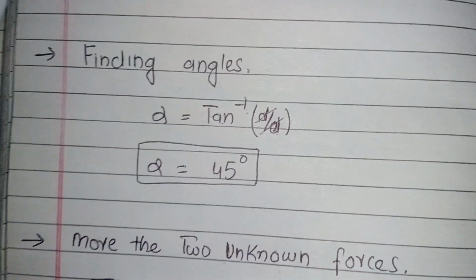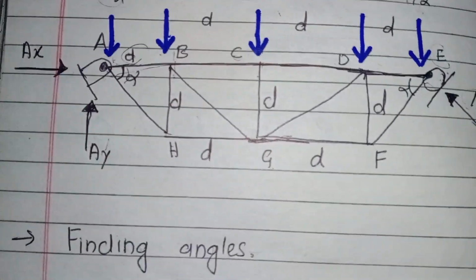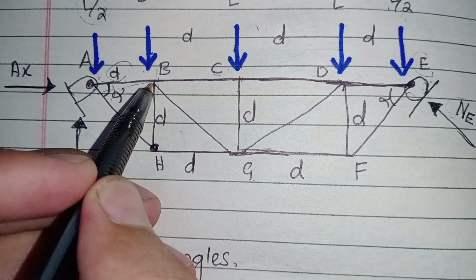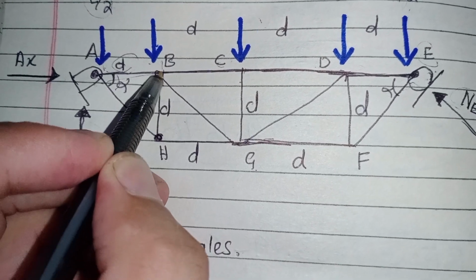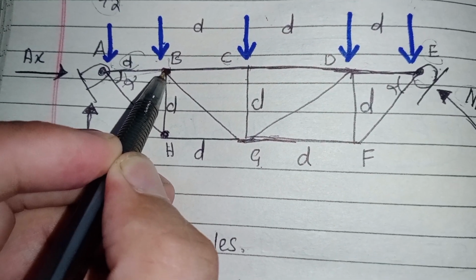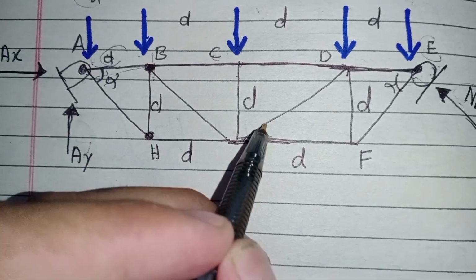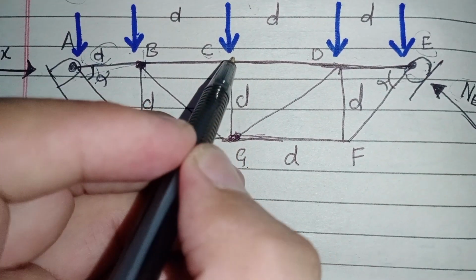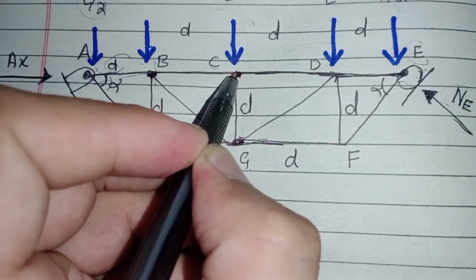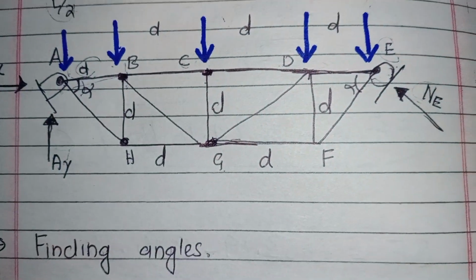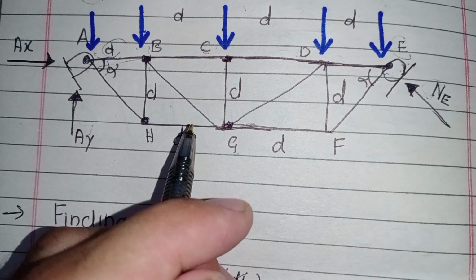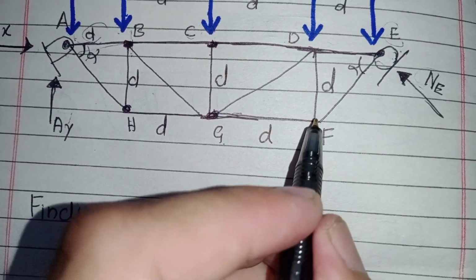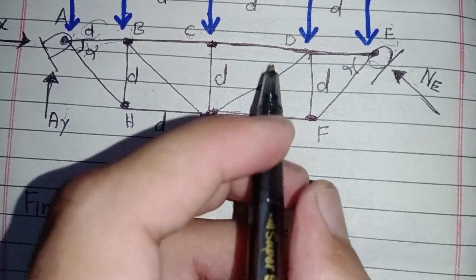Now there are more than two unknown forces at every joint. If you choose to analyze any of these joints, they all have more than two unknown forces, and we cannot find the forces in these members.